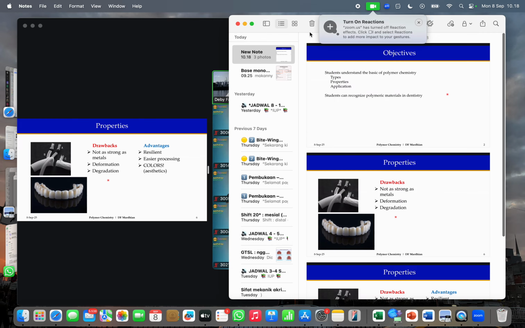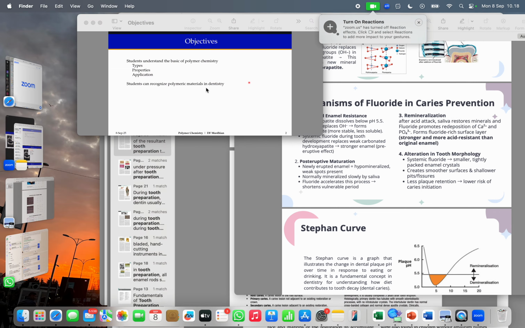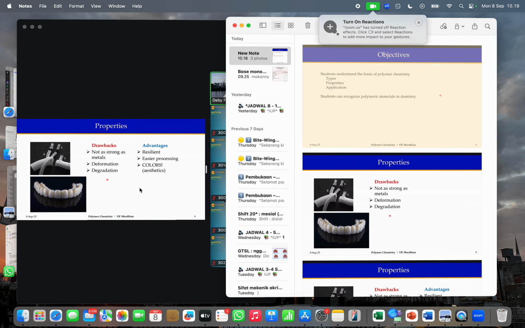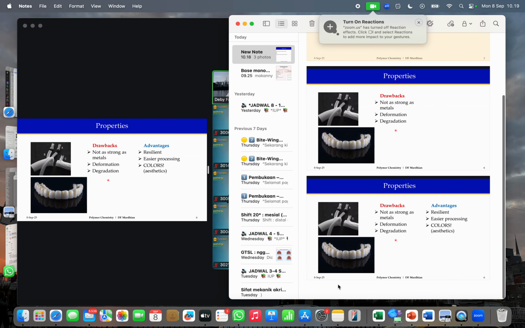So we use polymeric resins, not metal, not ceramics, although some ceramics are also used in restorative dentistry or prosthodontics because they have better properties. However, they break without notice, meaning they're not resilient, they're brittle.